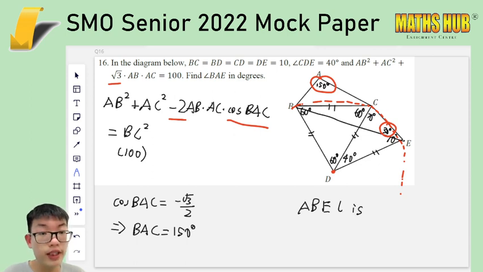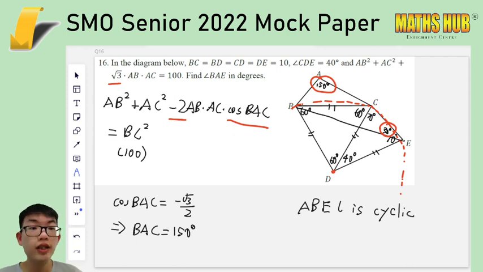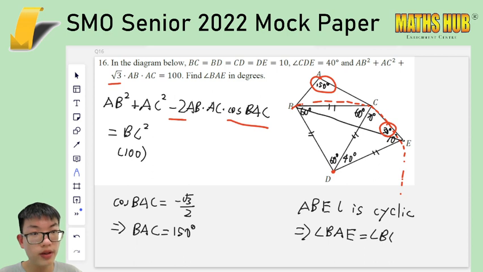Remember that when we say that it is cyclic, it means that all the properties that normally come along with a cyclic quadrilateral are now in play, which is quite a lot. Specifically for the one that we want, we can say that angle BAE is equal to angle BCE, which is equal to 130 degrees.